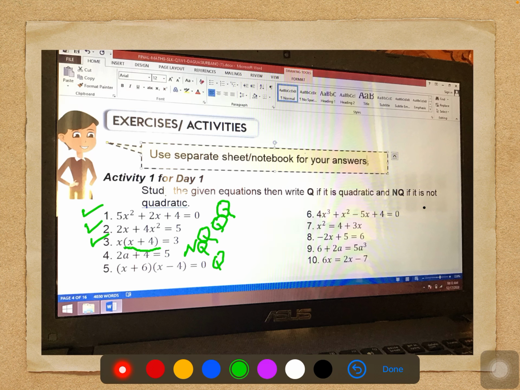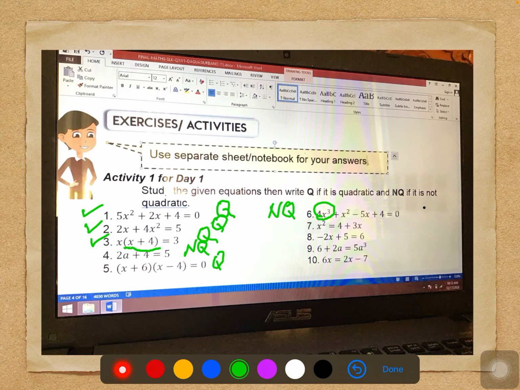Now, take note of the definition that it is an equation of containing a second degree term and no term of higher degree. This makes it not quadratic because of the term 4x cubed. That's why this is NQ for number 6.